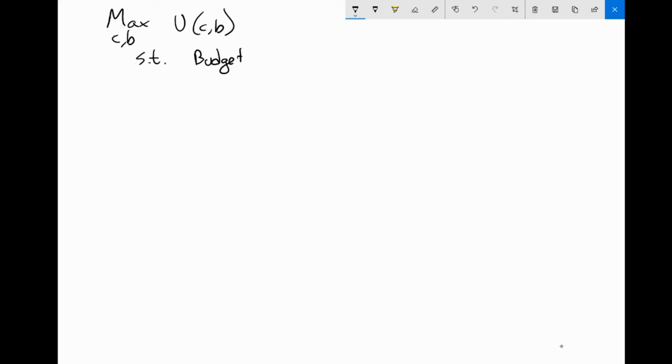Actually, let's go back to the Lagrangian, with C, B and lambda. Here's the function that I optimized, right? It's the Lagrangian function. Let's do it generically. It'll be the utility function plus lambda times the budget constraint.